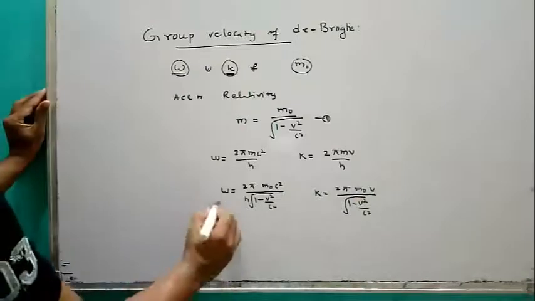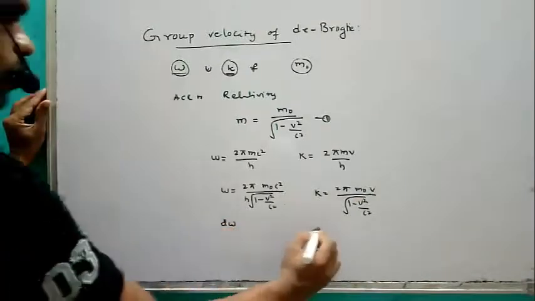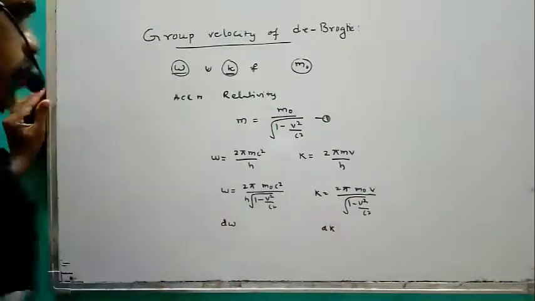So if you differentiate, you will get the d omega and dk values.